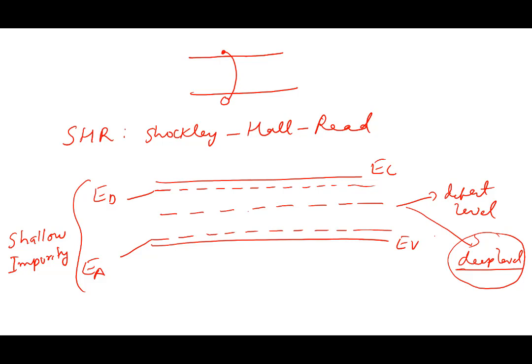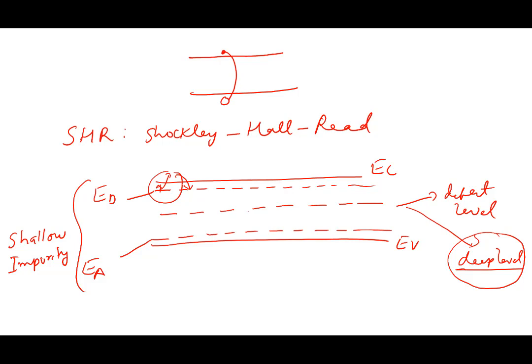And you can understand, even at this outset, why a deep level would contribute to recombination rather than a shallow level. If you look at a donor level, you can see electrons going to the conduction band or an electron falling back into it. A donor level interacts strongly with the conduction band, and the donor level's interaction with the valence band is weak.